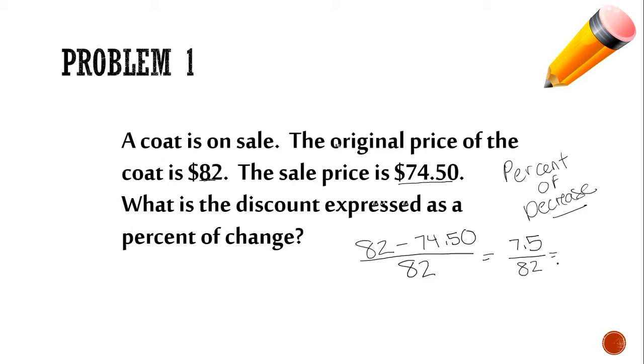Once I divide this, I get 0.09 and then a bunch of other numbers. I just rounded. We want this as a percent, so I need to take this times 100, and I get 9.0% or 9% change. So I have a discount of 9%.